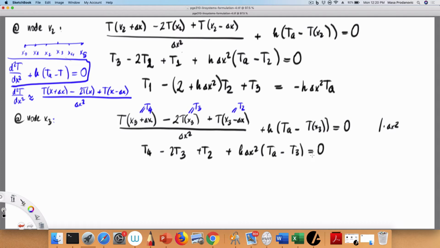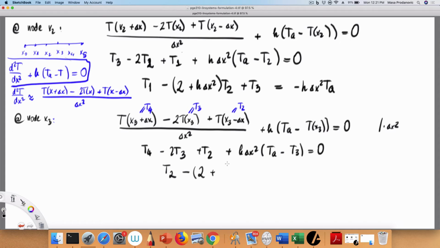Let's work this one out just to see what it is as numbers, just so the numbers click in. So this is T2, then with T3 I have minus 2 plus, what is h?